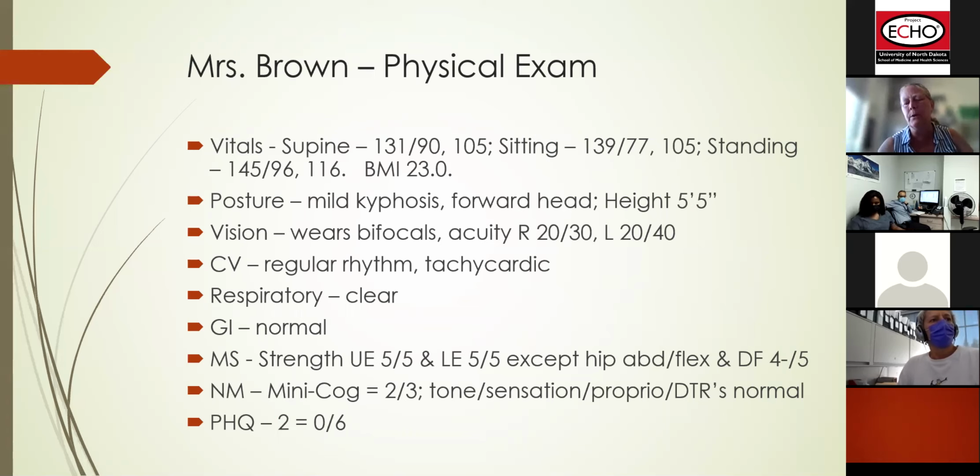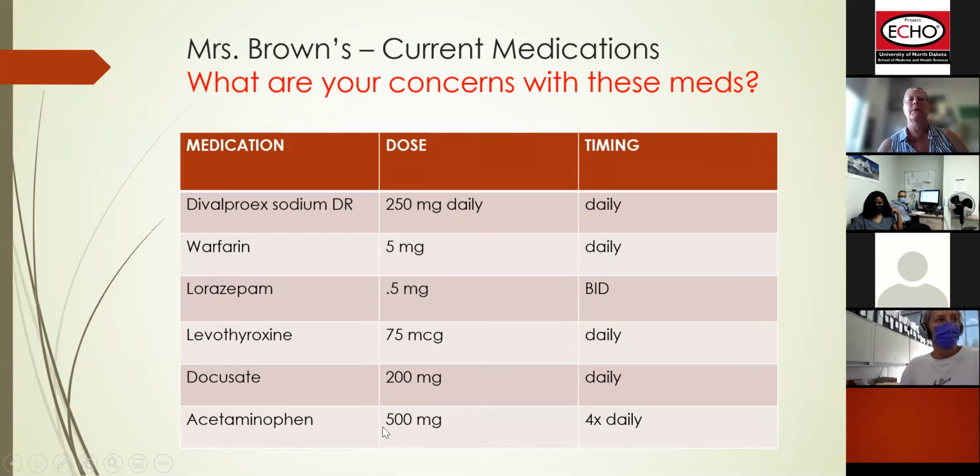She had a little trouble figuring out what was 10 minutes after 11. We looked at her tone, sensation, proprioception, deep tendon reflexes, and they were all normal. We had her take a screening for depression. She scored 0 out of 6 for that.